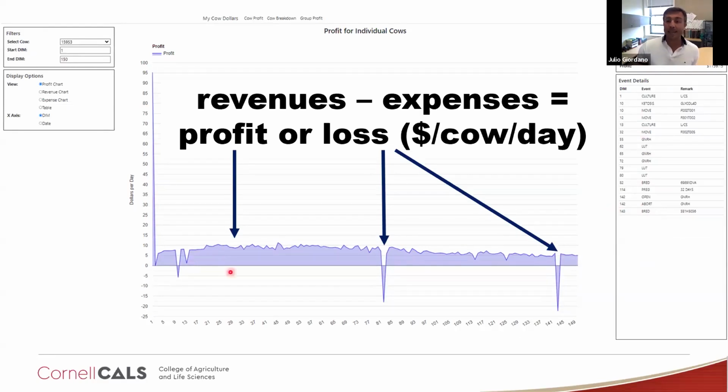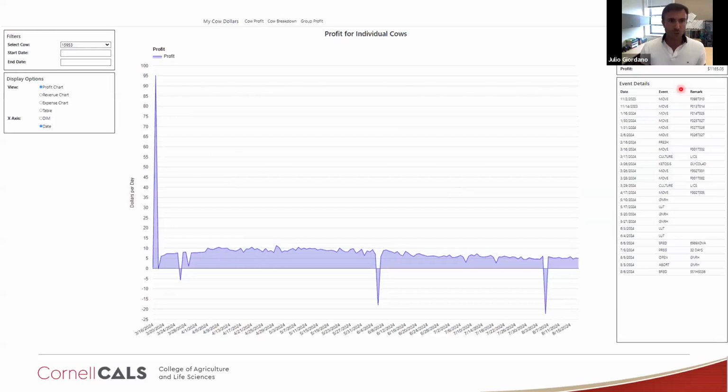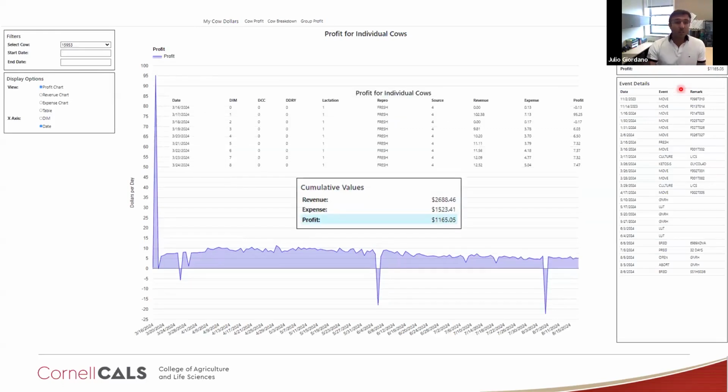But in any case, this is super simple. It's just the dollars per cow per day for the period of time that we choose to look at for an individual cow. Here it is reported on a daily basis, and in the cumulative box it is reported as accumulated for the period of time that we requested from the tool. There's also the option of looking at the data in table format.